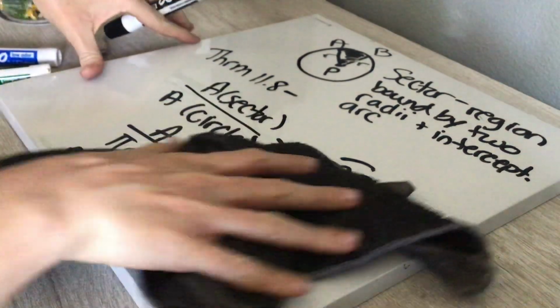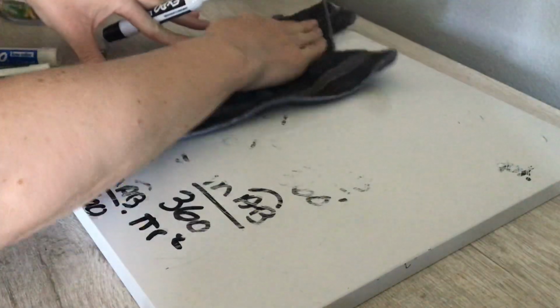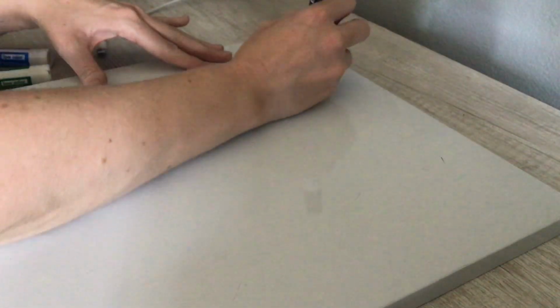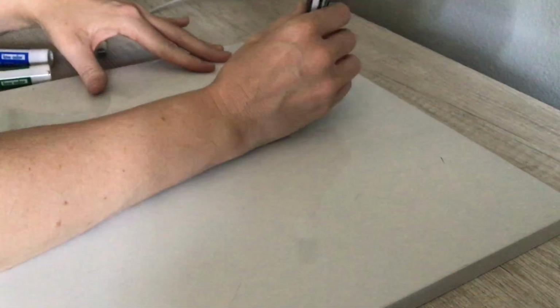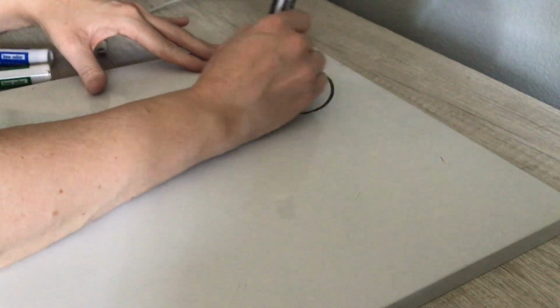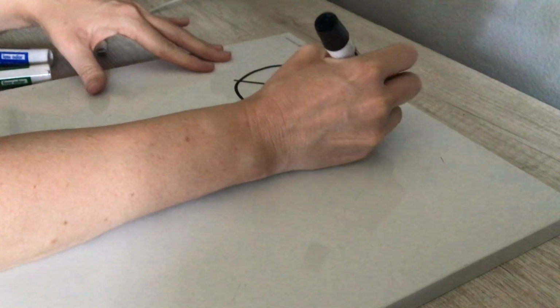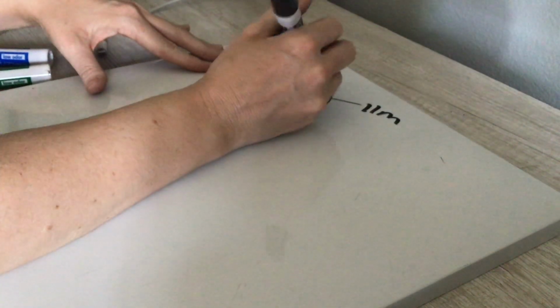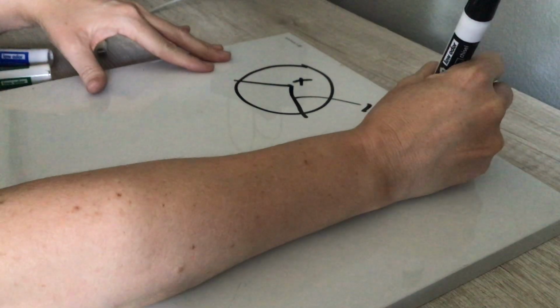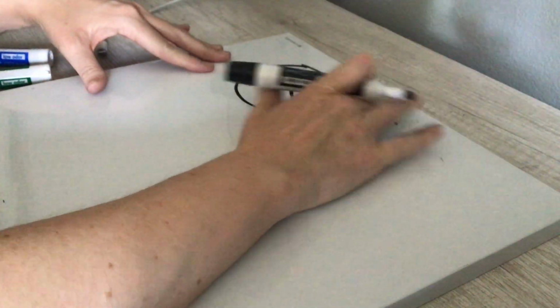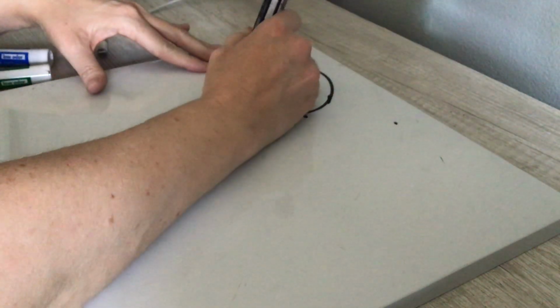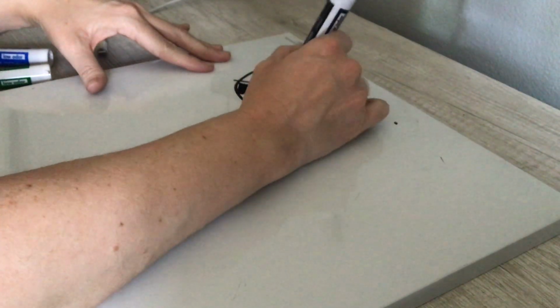All right. So example problems. Okay. Here is a circle. The center is at X, and we have this sector here. The radius is 11 meters. The measure of the central angle, this is what we're going to have filled in.